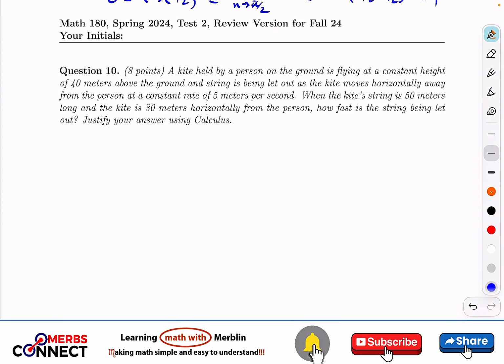Okay, so let's assume that I'm standing here. I'm using myself, so let me draw myself nicely. So I'm here, and I have the kite somewhere here, and I'm holding the string to the kite.